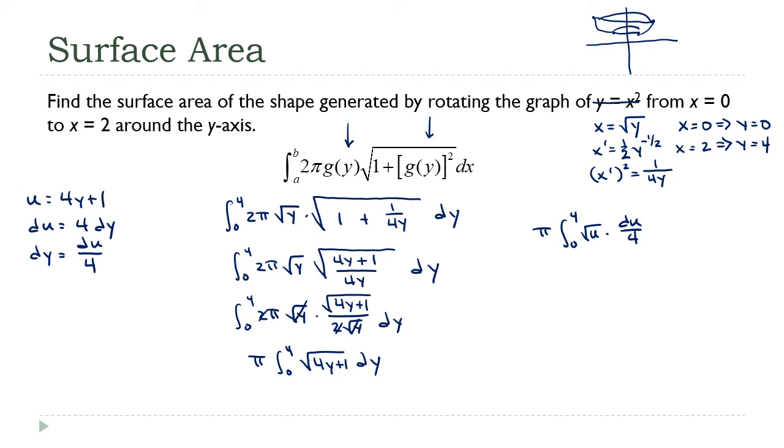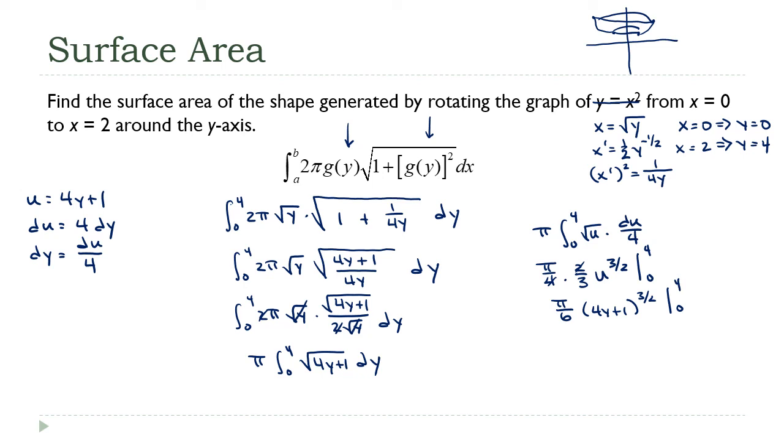Let's bring that 4 out: pi over 4 times 2/3 u to the 3/2 from 0 to 4, power rule there. And then I'm going to go back to y's. I get a little cancellation there. This will be pi over 6 times, what was u? 4y plus 1 to the 3/2 from 0 to 4.